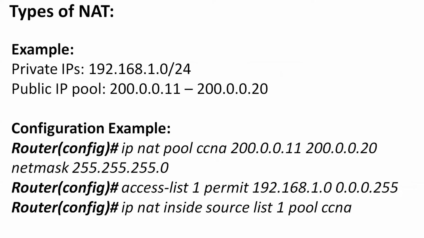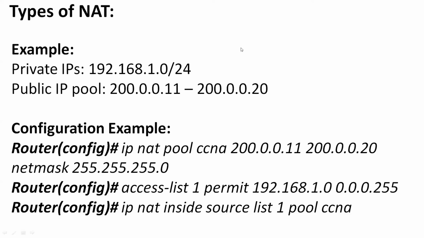So the question is how we can do that. First of all, you have to create a pool by putting the command ip nat pool, the name of the pool, then introduce the network and net mask for the same. Then create an access list and permit the network, then map the access list with the pool of IP addresses.